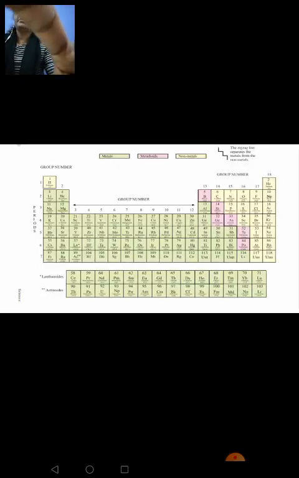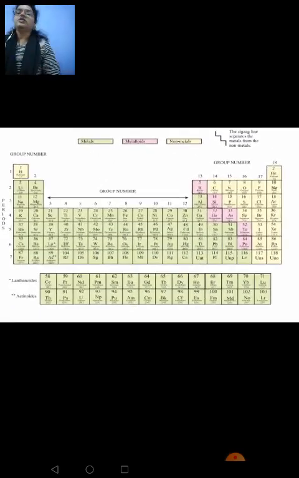See, this is your modern periodic table. Here, the elements are arranged in the increasing order of their atomic numbers. The first element is hydrogen. The second element, towards the extreme right, is helium. Then you have lithium, beryllium, boron, carbon. It goes on like that.